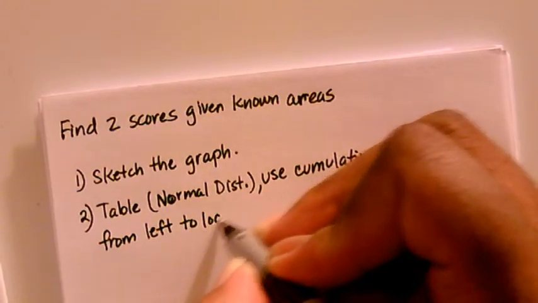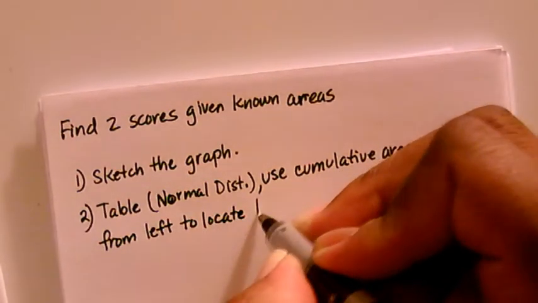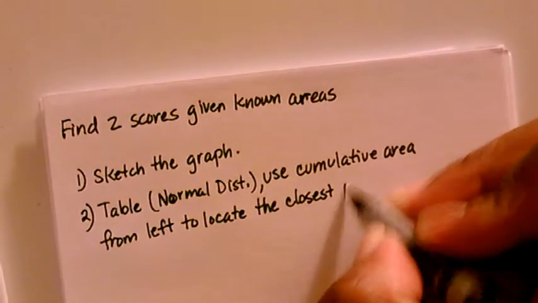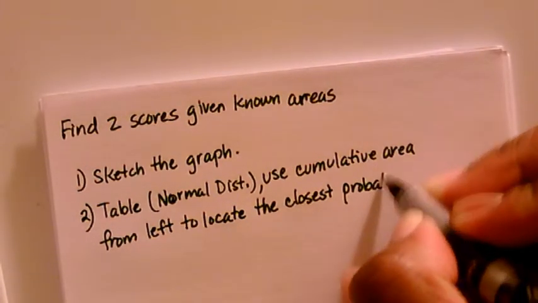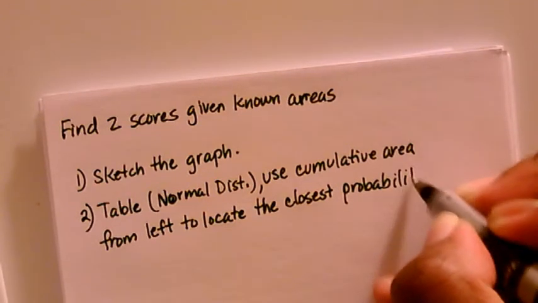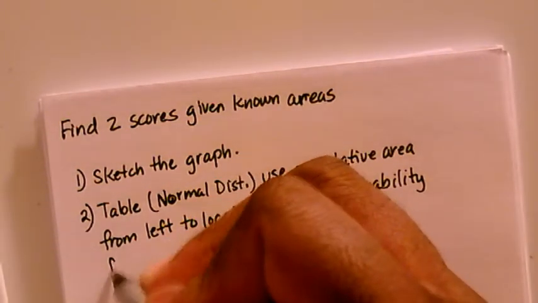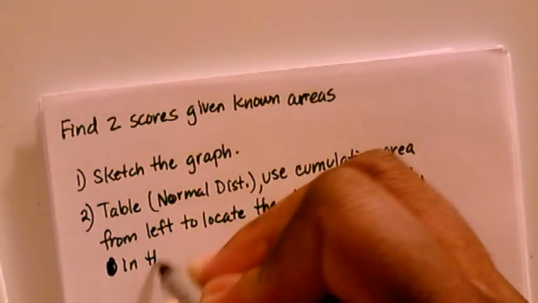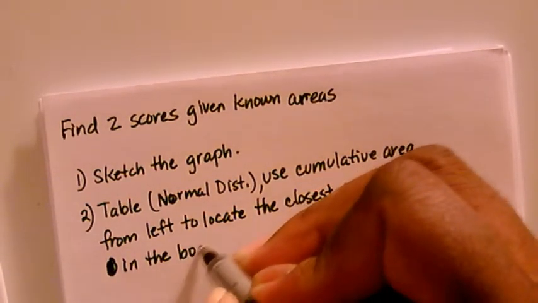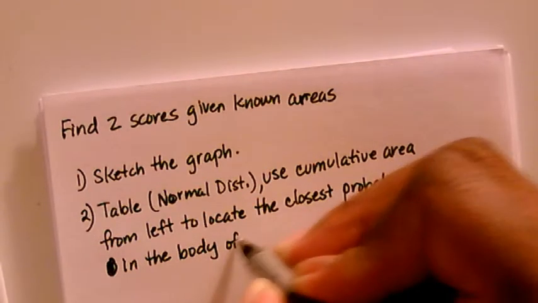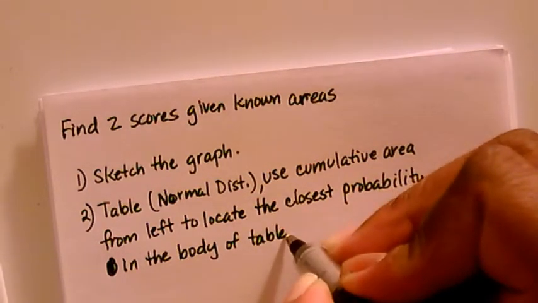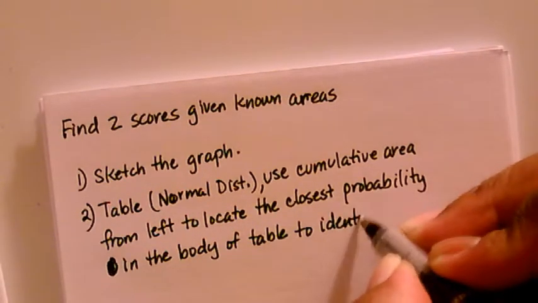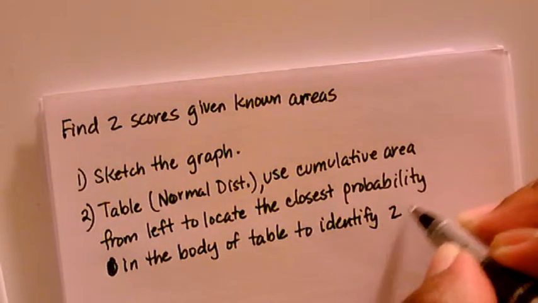And that's to locate the closest probability in the body of the table to identify your z-score.